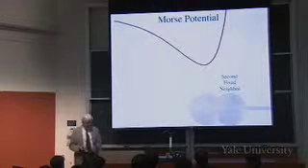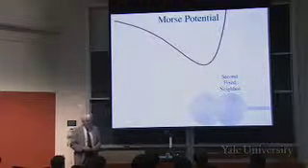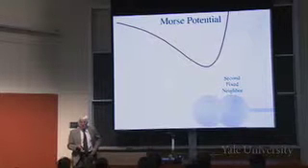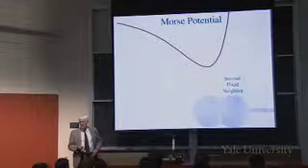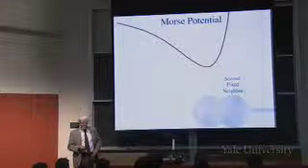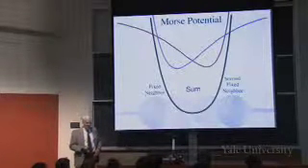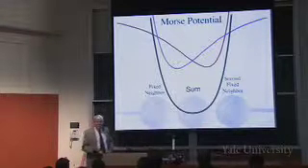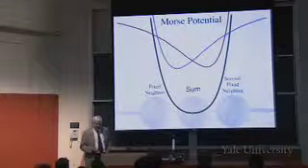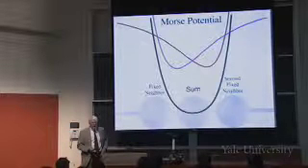Now we could put another neighbor on the other side, right, and have another curve of the same sort that's stretching the second bond. Or we could have it be a chain and have both neighbors there, right? And the sum of those two now has a minimum in the middle. It's a single minimum, like we got with Hooke's law. So that means that atom in the middle would just stay there.